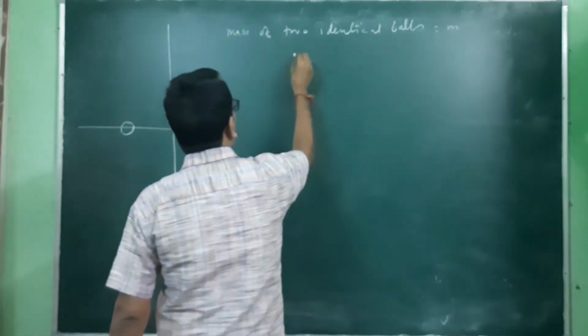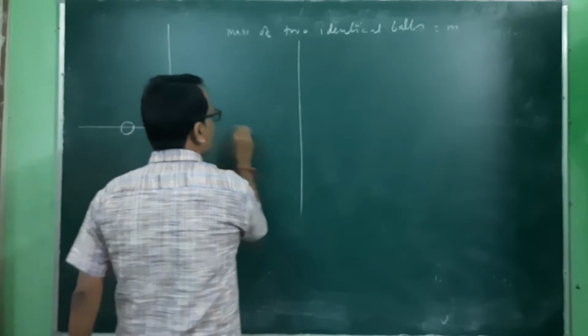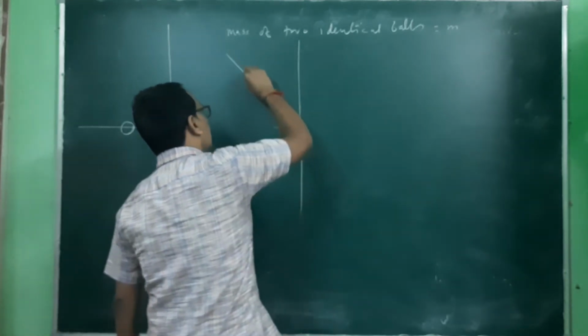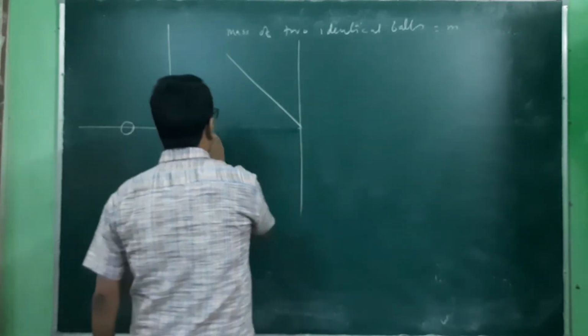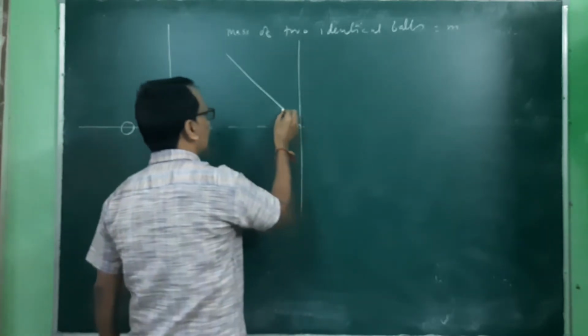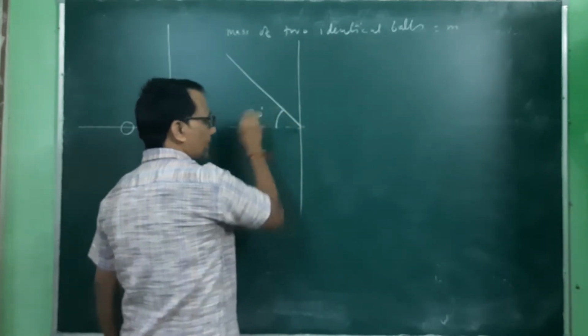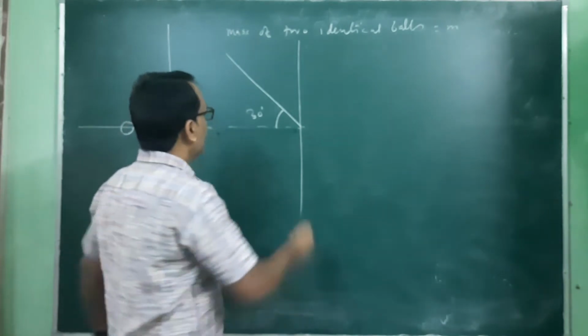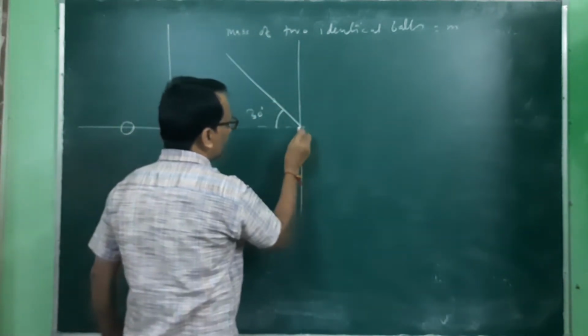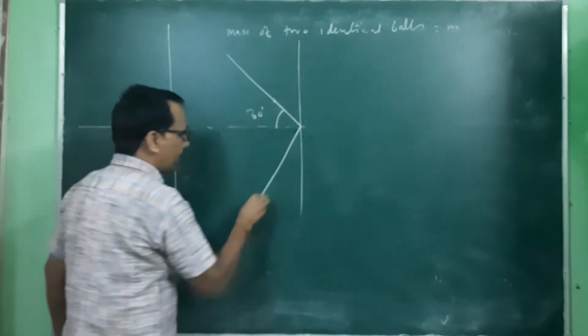second ball is inclined at an angle of 30 degrees, and after striking, it reflects with the same angle.